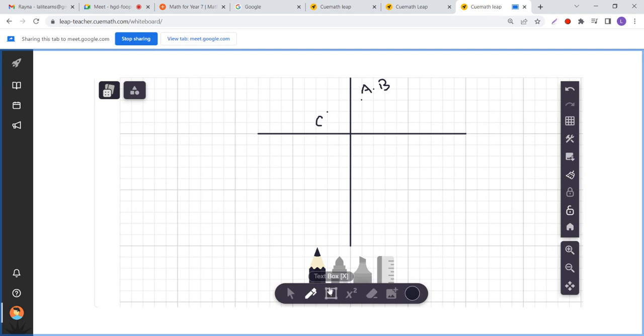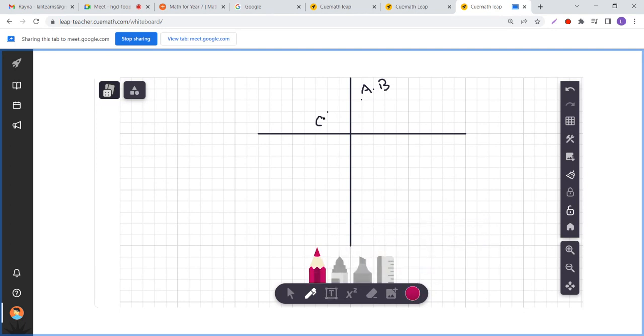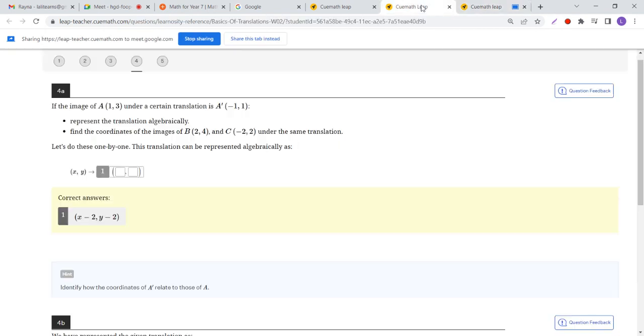Now for our convenience, let's try and join these lines from A to B and from B to C. There. That is the figure. It's a triangle A, B, and C. Now over here, they give us the new coordinates for A dash.